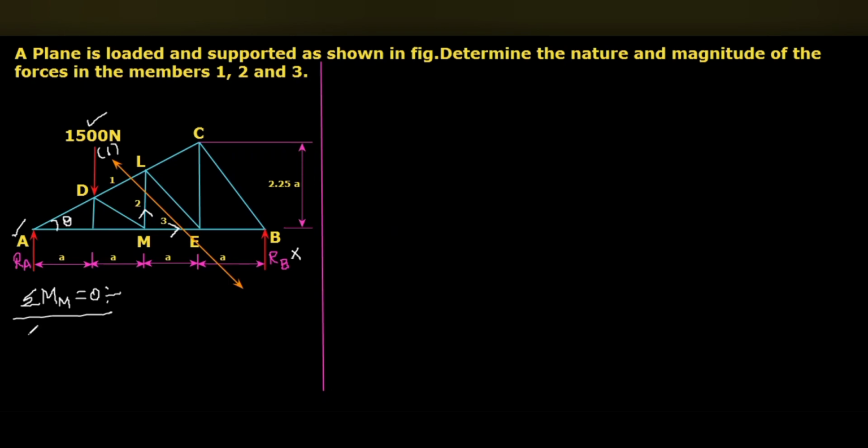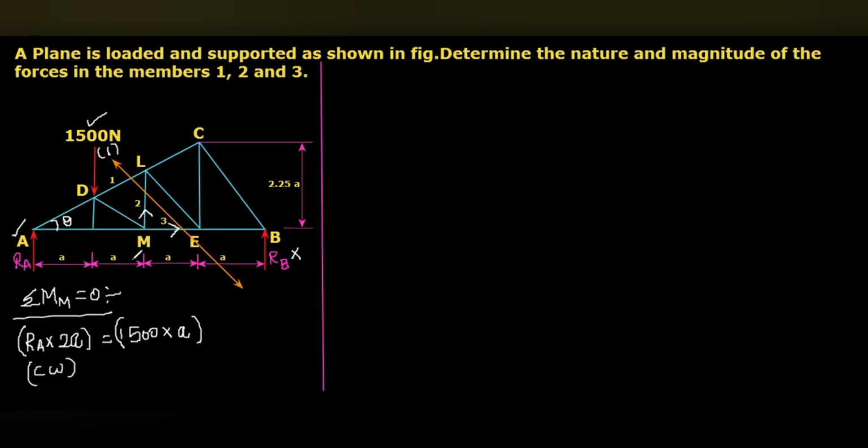That is RA multiplied with 2A, in clockwise direction. And then this 1500 multiplied with A will be in counterclockwise direction.